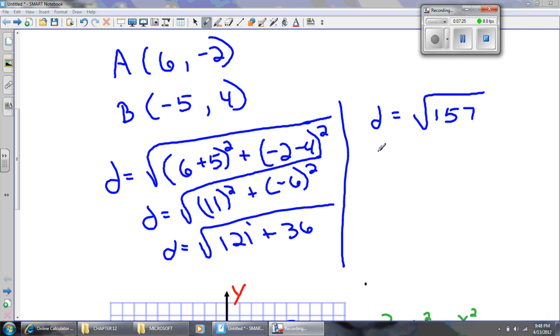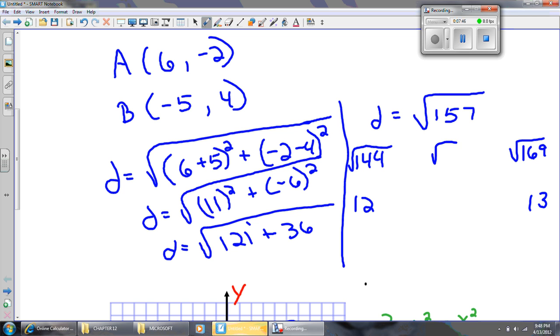Now, I do know that the radical of 144 is 12, and I know the radical of 169 is 13. Now, if I think about it, 144 to 157 is 13 spaces, right?